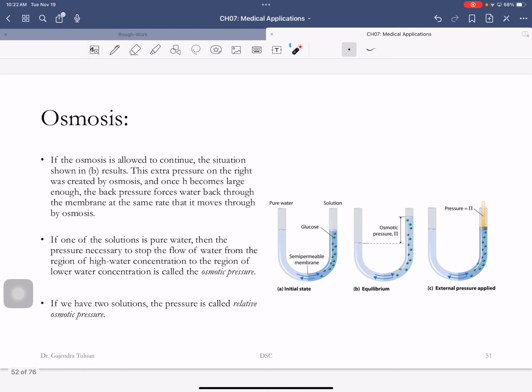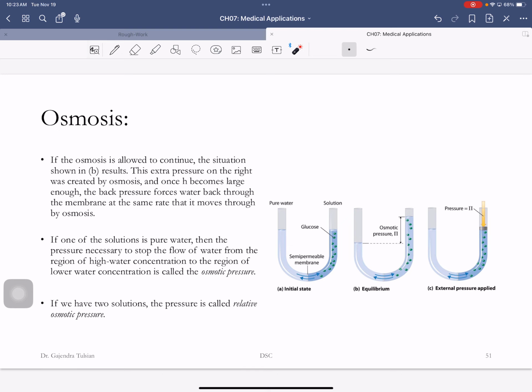What that statement is saying is, if this were seawater and this were pure water, the column would eventually rise to 26 atmospheres, which is 260 meters, which is 3 football field lengths.